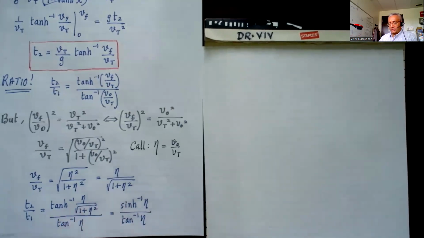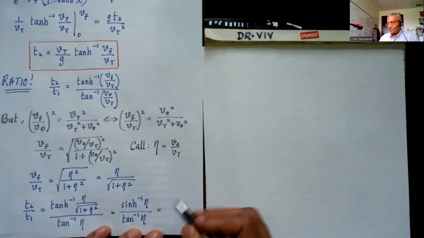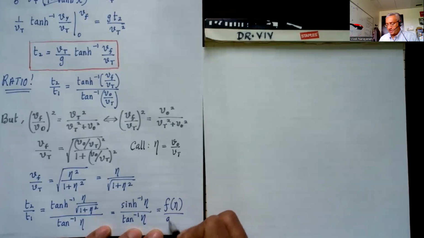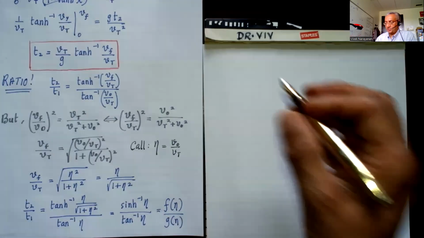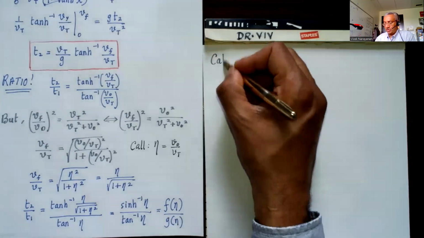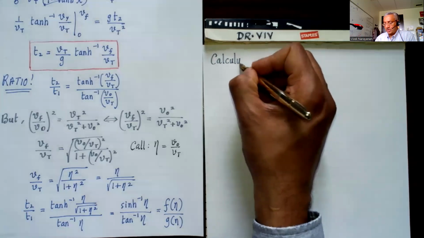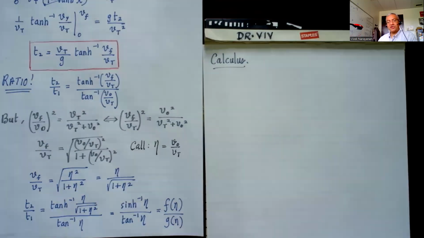Okay, this can be thought of as a ratio of two functions, f of eta and g of eta, where f of eta is the numerator and g of eta is the denominator. Now I'm going to quote a little result from calculus, which you probably all know. Ultimately, I want to prove that T2 over T1 is bigger than 1. In other words, I want to prove that f of eta is bigger than g of eta.